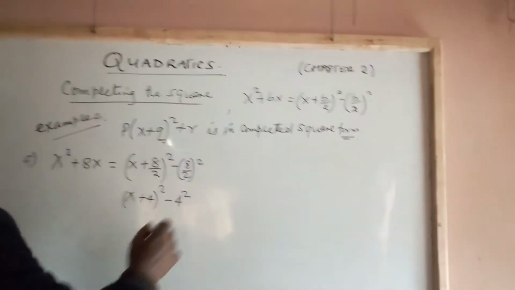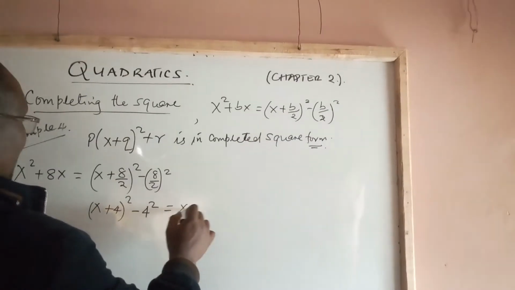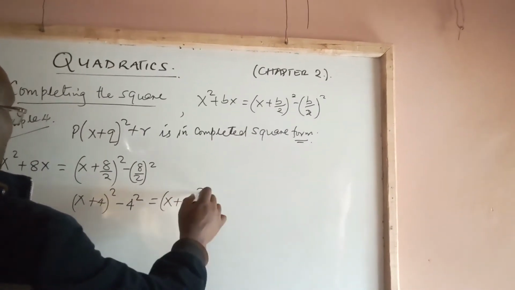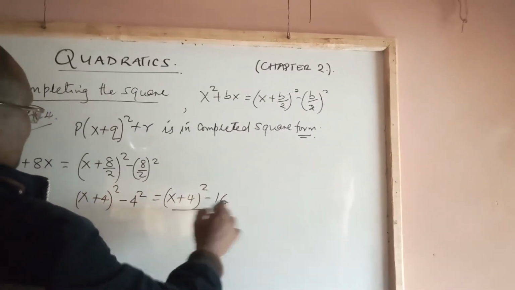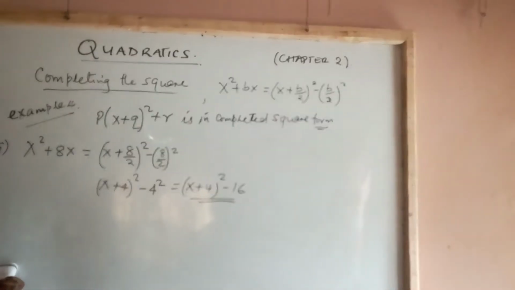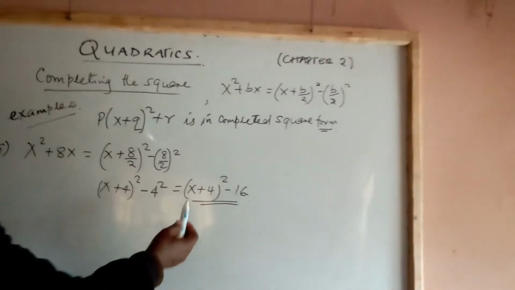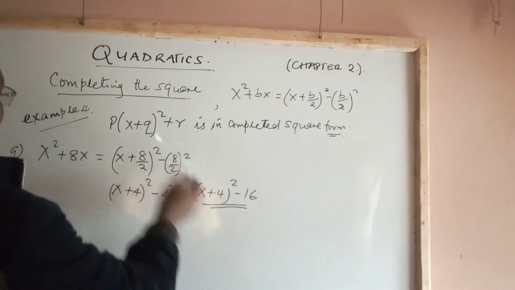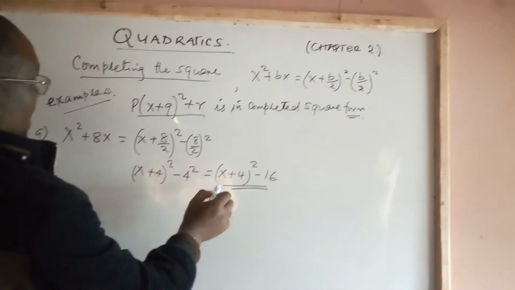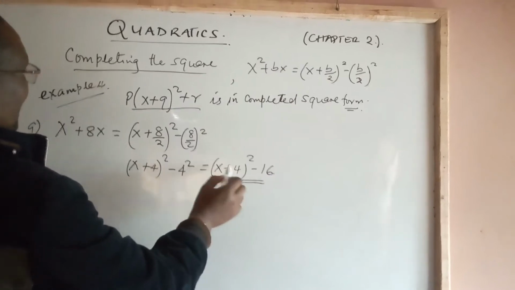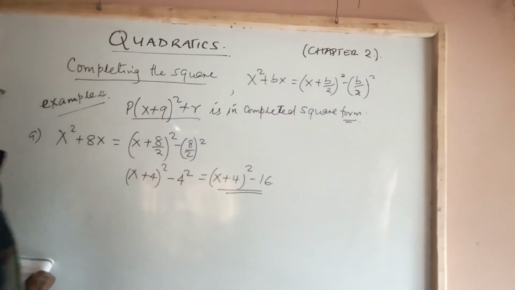And at the end of the day, this gives you (x plus 4) squared minus 16. That one is now in completed square form. You can see it's in this form where p is 1, q is 4, and r is minus 16.